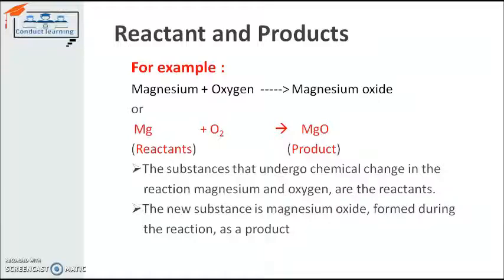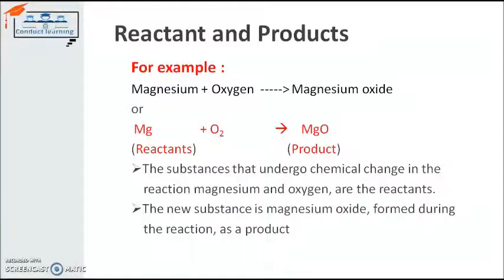So magnesium and oxygen in this equation are reactants and magnesium oxide is the product. That means the substance that undergoes chemical change in a reaction, like magnesium and oxygen, is known as a reactant, and the substance that is formed after a chemical reaction is known as the product.